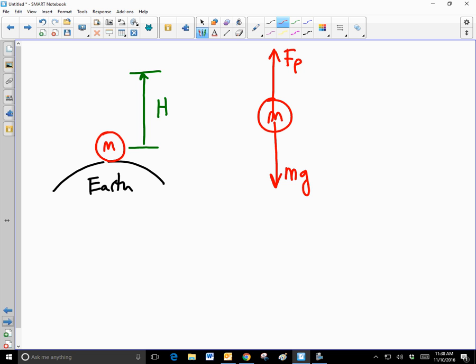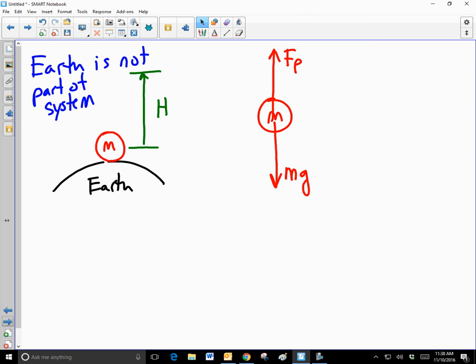So in this situation, what we're going to do is take the Earth as not part of the system. How much potential energy does it have here, right at the bottom? How much? Zero.